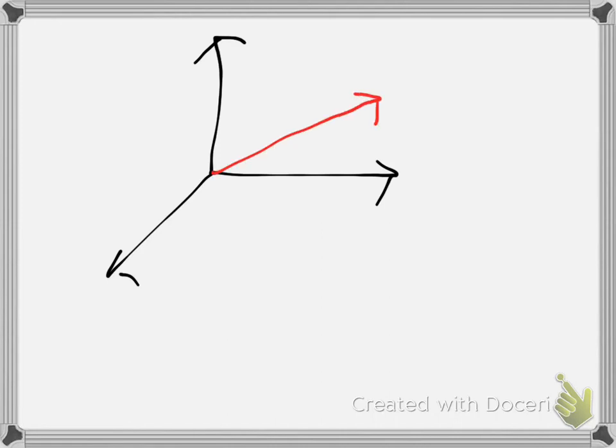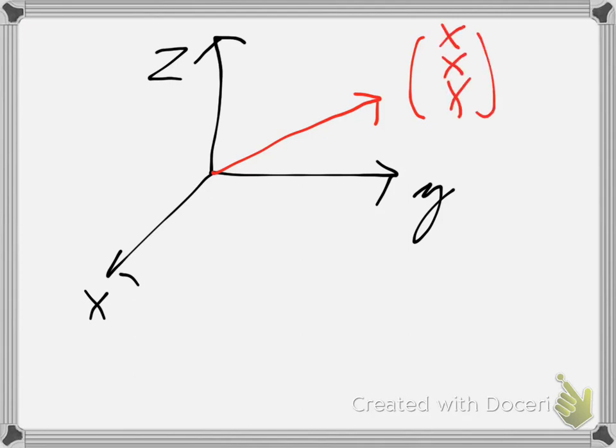Let's say that this is the z-axis, the y-axis, and the x-axis. For the moment we suppose our vector has 3 non-zero components. The goal will be to rotate this vector.